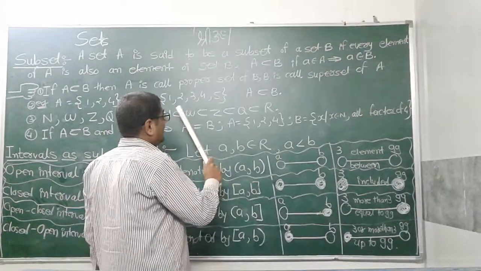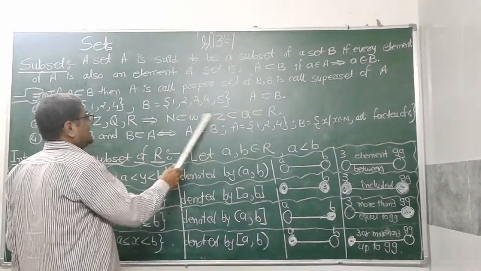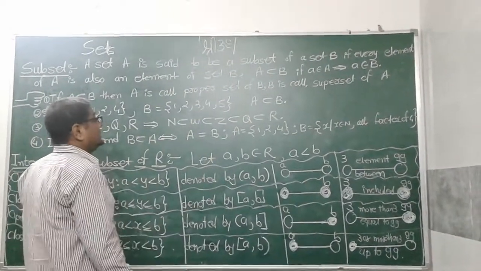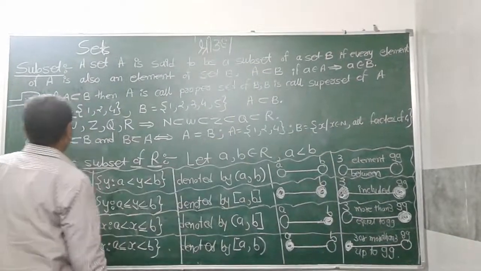We cannot go in reverse. So we say that N is a subset of W, N is a subset of Z, N is a subset of Q, N is a subset of R. In this way, all this we have to fulfill.